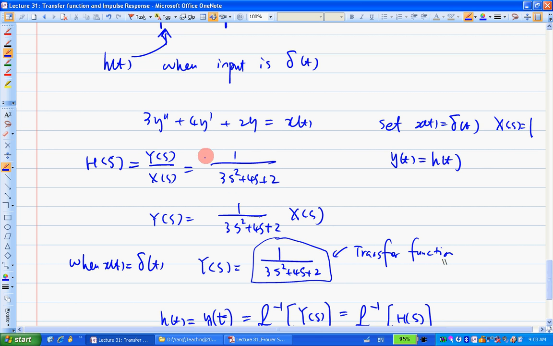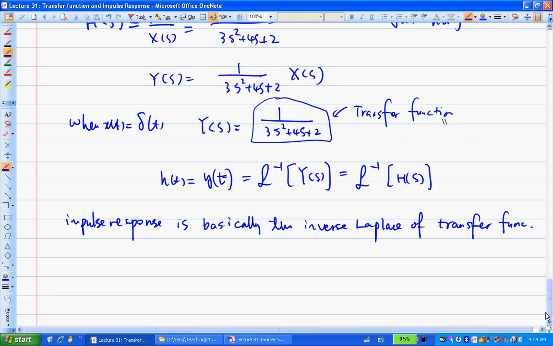The inverse Laplace of this will give it. For this particular case, it's not from my lecture notes, it's coming out of nowhere. So if I want to find the inverse Laplace, h of t equals the inverse Laplace of this one here.